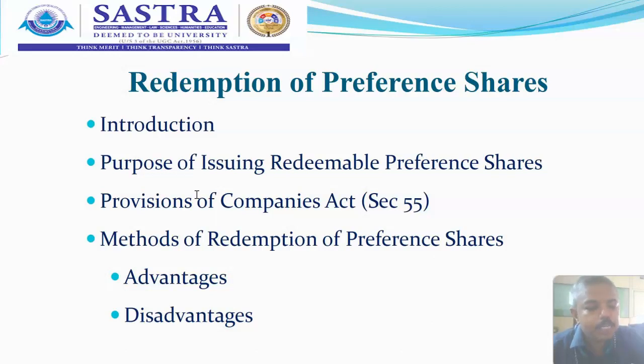The second, only fully paid up preference shares can be redeemed. If there is a failure in the paid up value of the preference shares, maybe the first call or second call or some money in between the allotment is unpaid, then it would be forfeited, it cannot be redeemed.